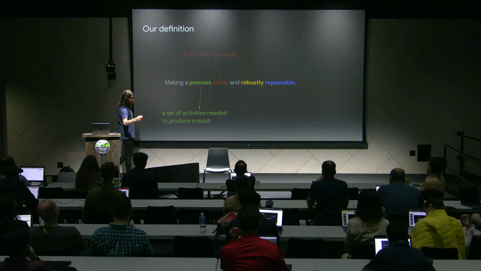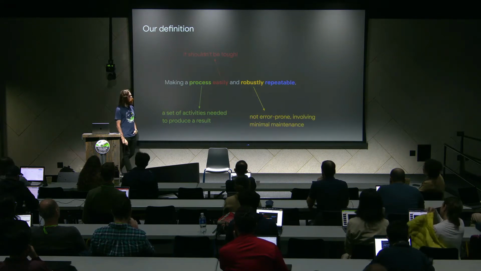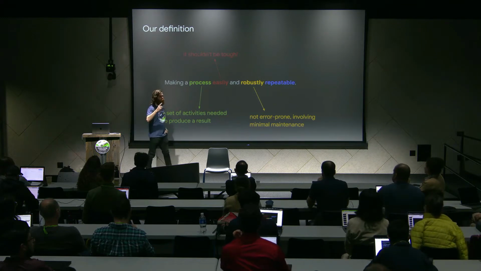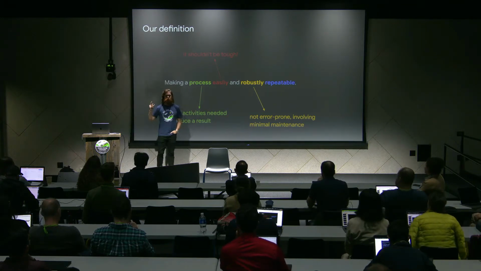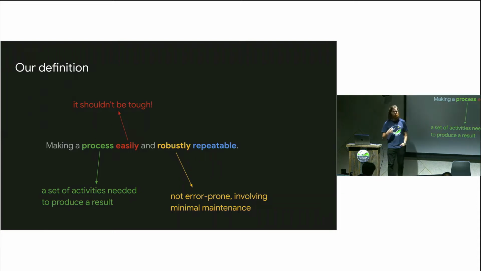Make it easily and robustly repeatable. Easily is pretty obvious. With robustly, I want to focus on not having code that's error prone and not having things that I have to garden, stuff I shouldn't have to go back and keep updating. In engineering we have this idea of toil, where I'm doing something all the time and it's not rewarding or intellectual work, it's just churning.